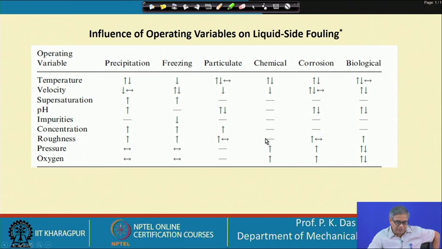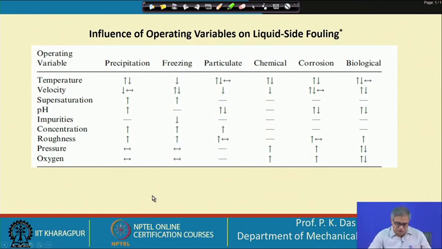Let us take another example, pressure. In case of chemical deposition it will increase, but for biological fouling it has shown an increasing trend in some cases and a decreasing trend in other cases. Similarly for roughness, concentration, impurities, pH, etc.